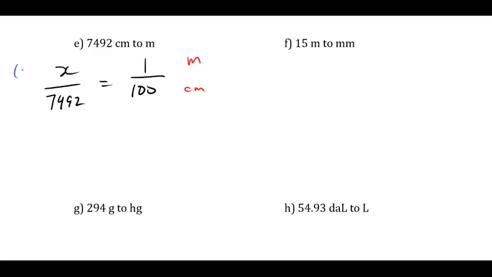We're going to multiply by 7,492 on both sides. 7,492 divided by 100. 74.92. Nice. So notice how the decimal place just moved.